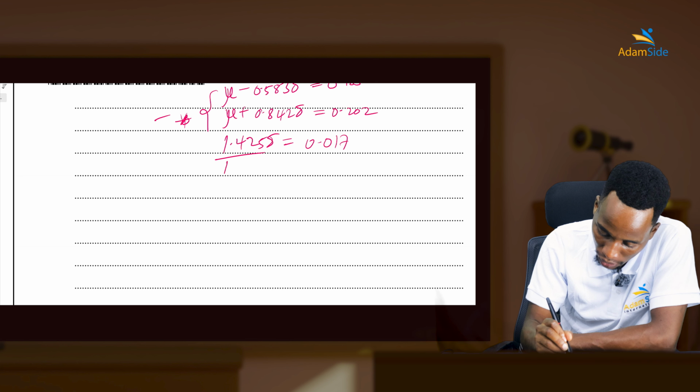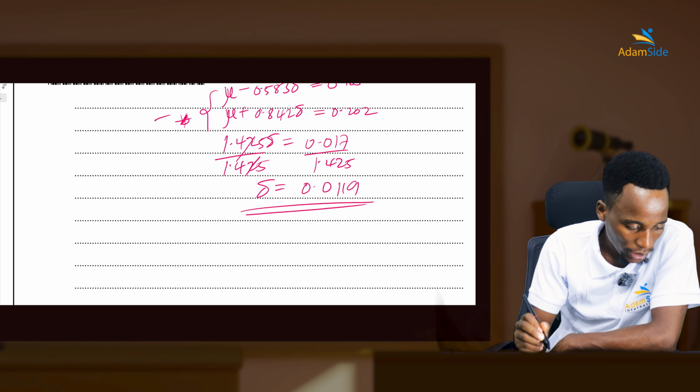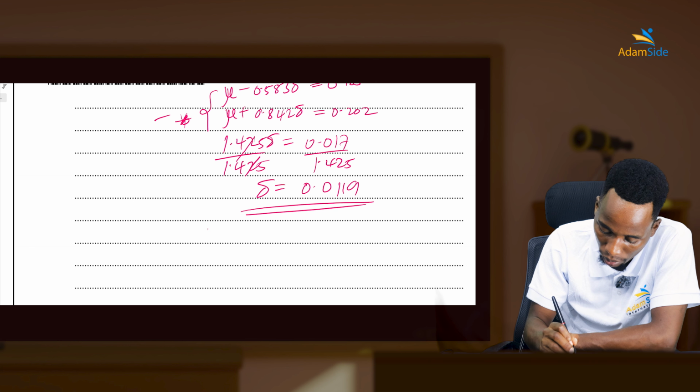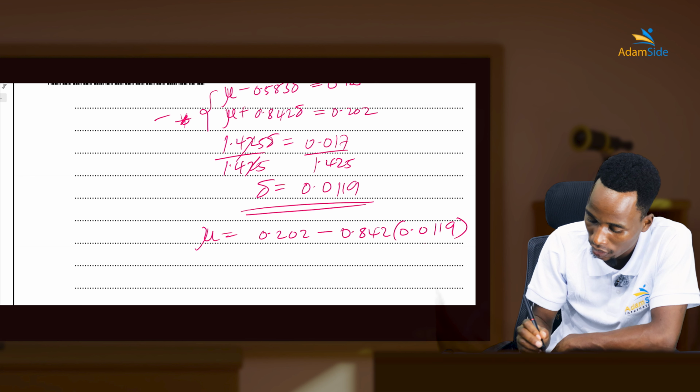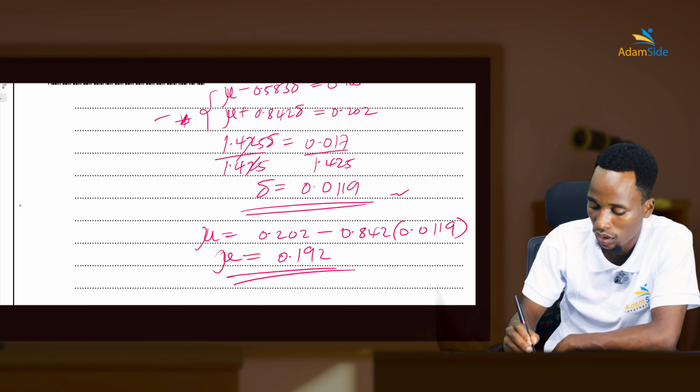If you divide both sides by 1.425, standard deviation is going to be 0.0119. To get the mean, we substitute, so mean equals 0.202 take away 0.842 times 0.0119. So our mean is going to be 0.192. So this is done and this is done.